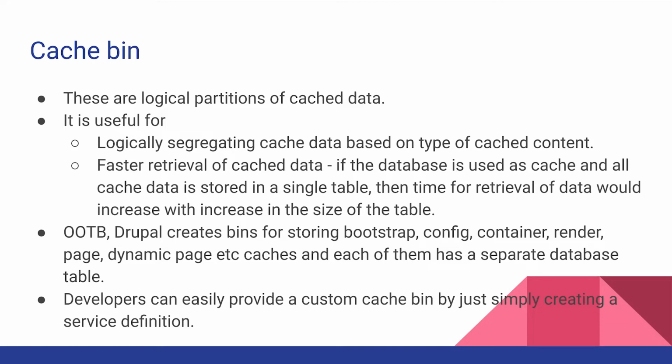For product we can have a product cache, for order we can have an order cache. Each of those tables would be smaller than a single table containing everything, and searching would be faster.